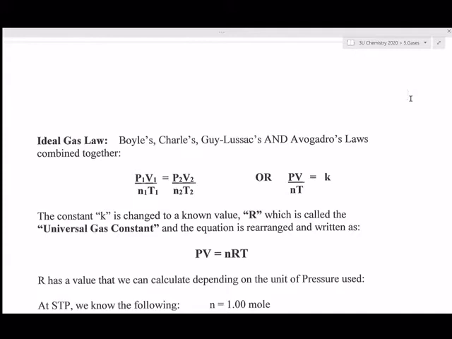And as a quick review, we have seen that these three gas laws right here, Boyle's, Charles', and Gay-Lussac's, all go together to make something called the combined gas law. Okay. And then it's been introduced that there is another law called Avogadro's law that we can put in there too.